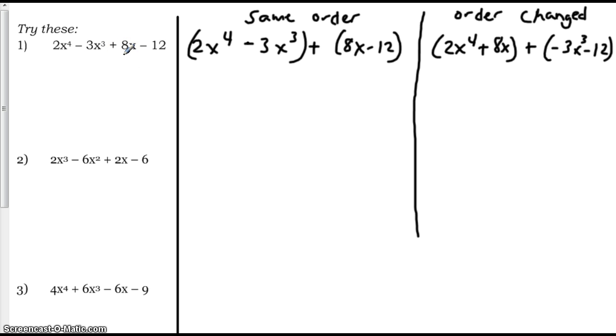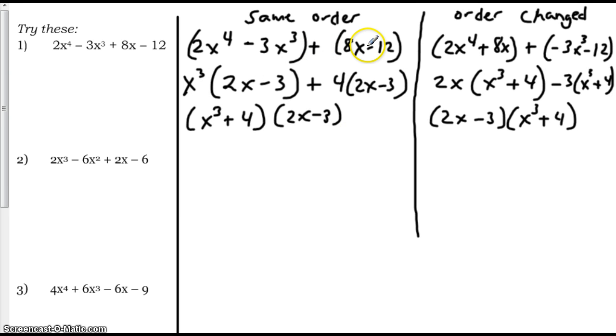And remember, that is the commutative property, and you can change the order around. So we can put 8x near 2x to the 4th and the negative 12 near the negative 3x cubed. And then follow step 2 of factoring out the greatest common factor. Okay, go ahead and try number 1.